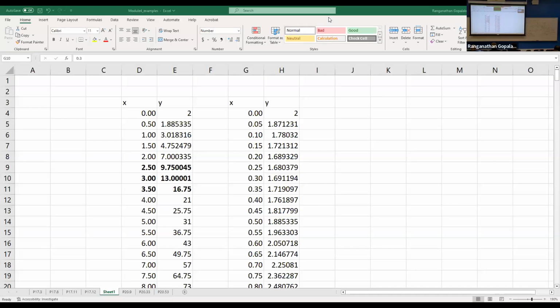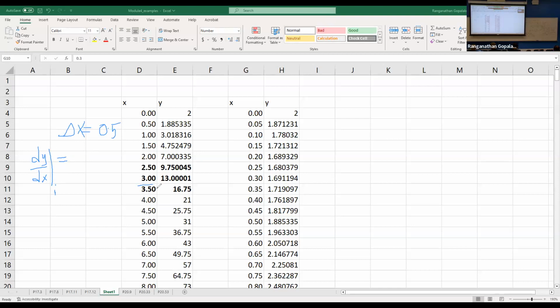Here the step length is delta x equal to 0.5.